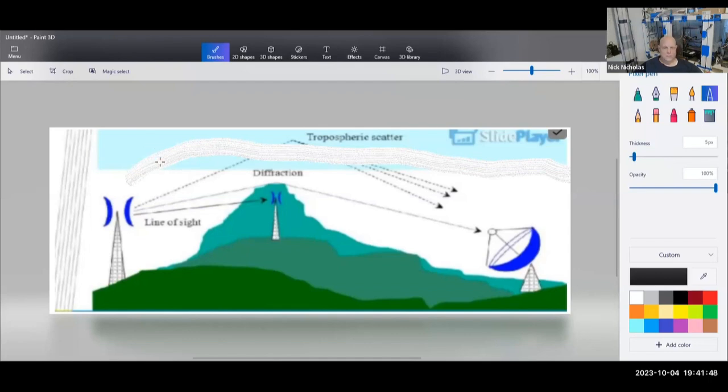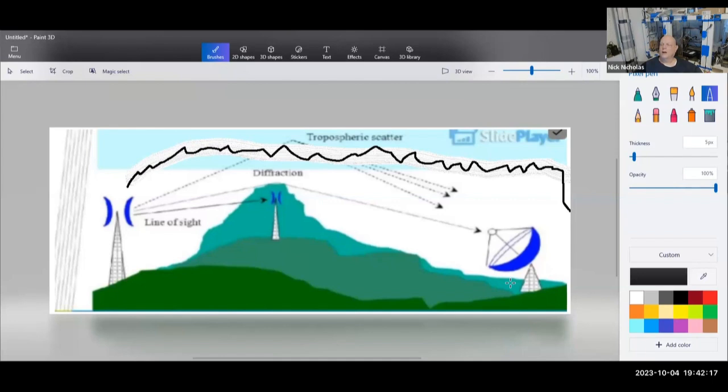You've got a hot layer trapped in between two cold layers, or a cold layer trapped between two hot layers. It becomes what we call an atmospheric duct. And radio waves can enter this, bounce off of this, and even thousands of miles away, come back down.